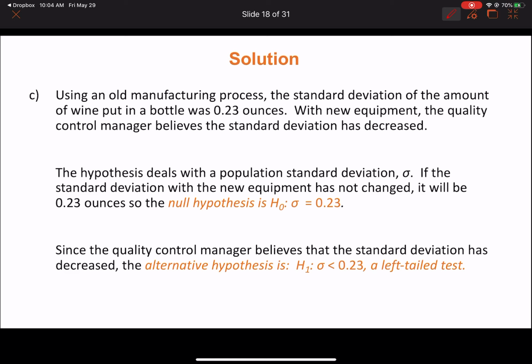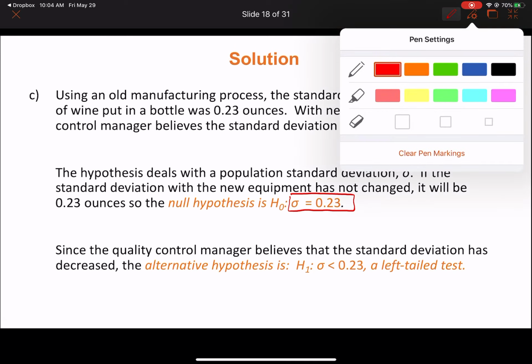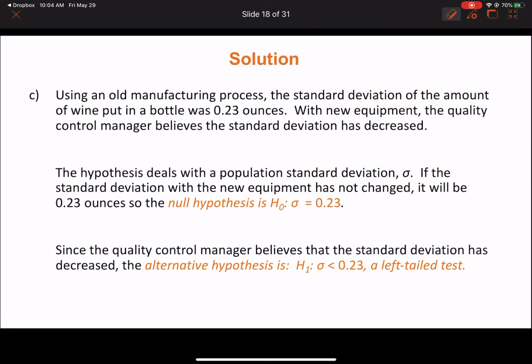So our null hypothesis says that sigma equals 0.23. This was the old number, the number that we're given. The quality control manager believes the standard deviation has decreased. So we have H1 colon sigma is less than 0.23. This is a left-tailed test because it is everything to the left of that sigma of 0.23.